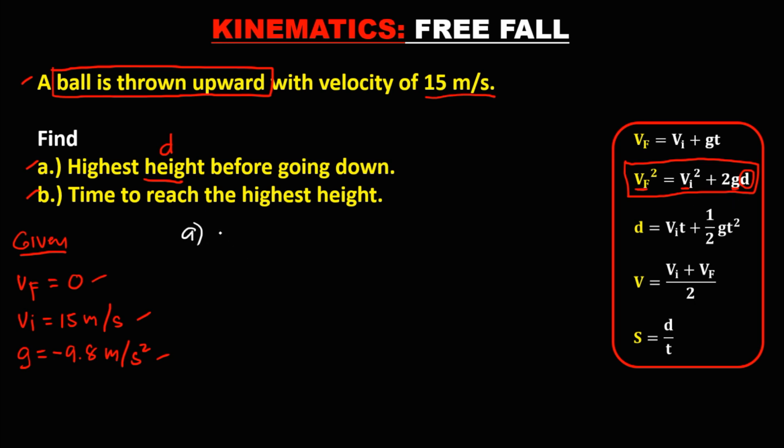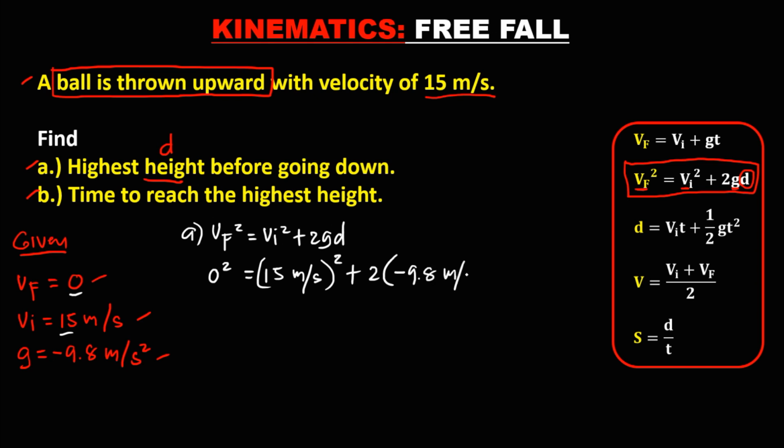For A, we have the final velocity squared equals the initial velocity squared plus 2 times the gravity times the displacement. The final velocity is 0, so this is 0 squared equals the initial velocity, 15 meters per second, to the power 2, plus 2 times the gravity, negative 9.8 meters per second squared, times the displacement.